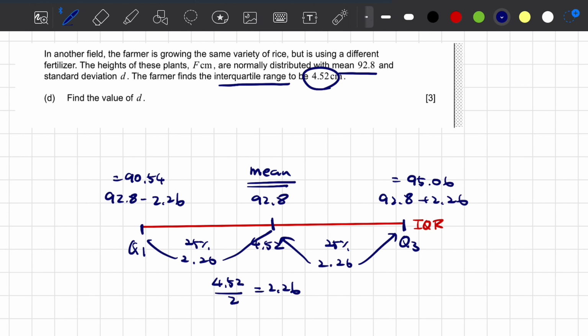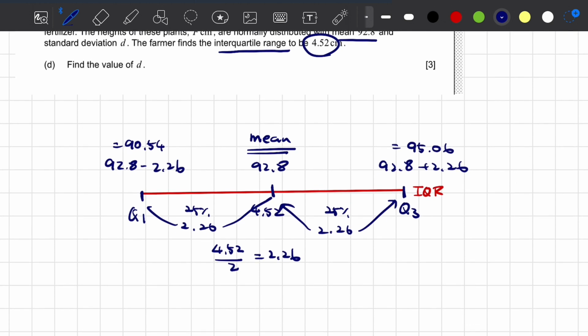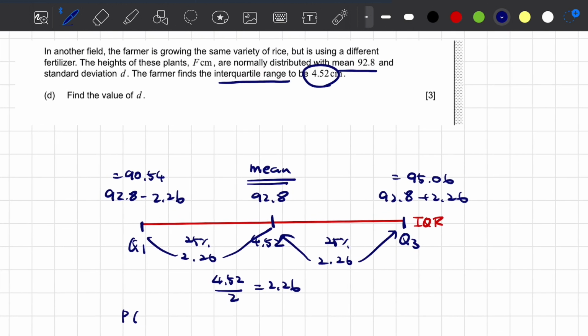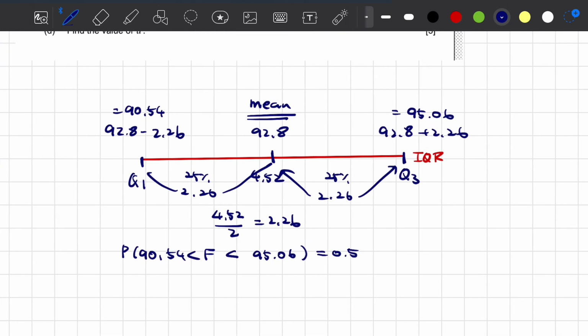Okay, that means we can say that the probability that F, which is the height of the plants, is between 90.54 and 95.06 is equal to 0.5. Since this question asks us to find the standard deviation, we still have to use standardization, right? So we have to do the Z-score testing.